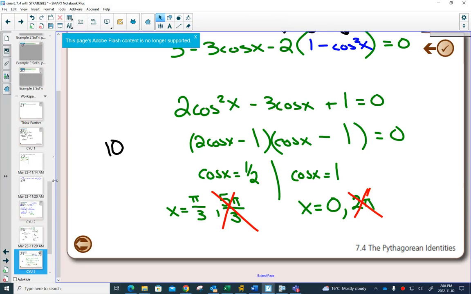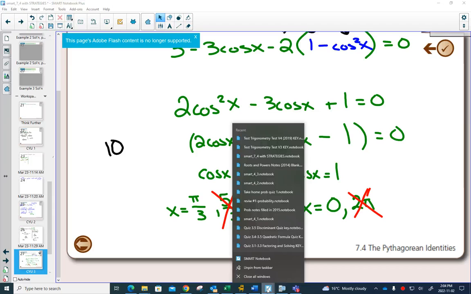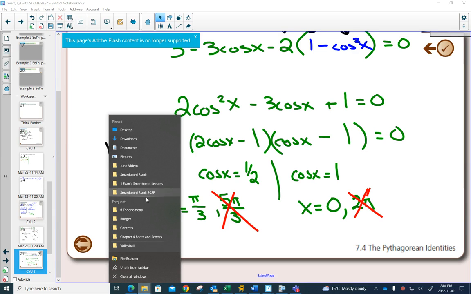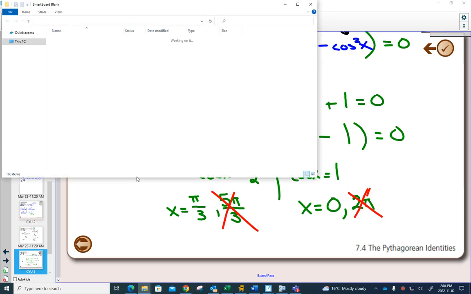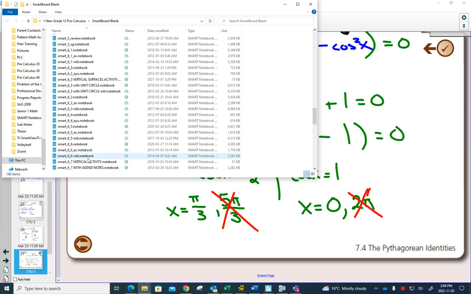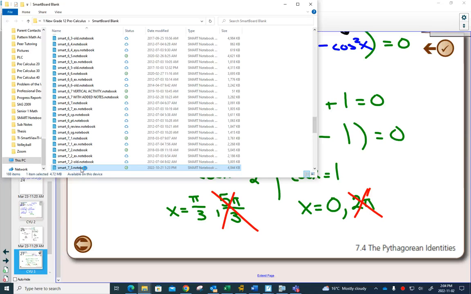Circle question 10, but I also wanted to do the questions we skipped from 7.3. So I'll get you to turn back to 7.3 on page 610.